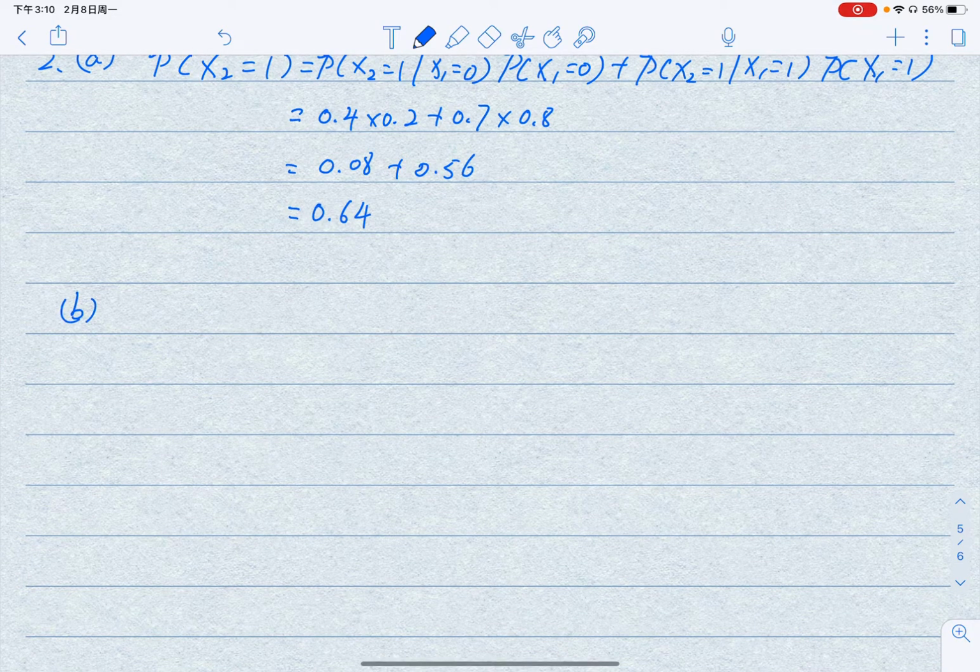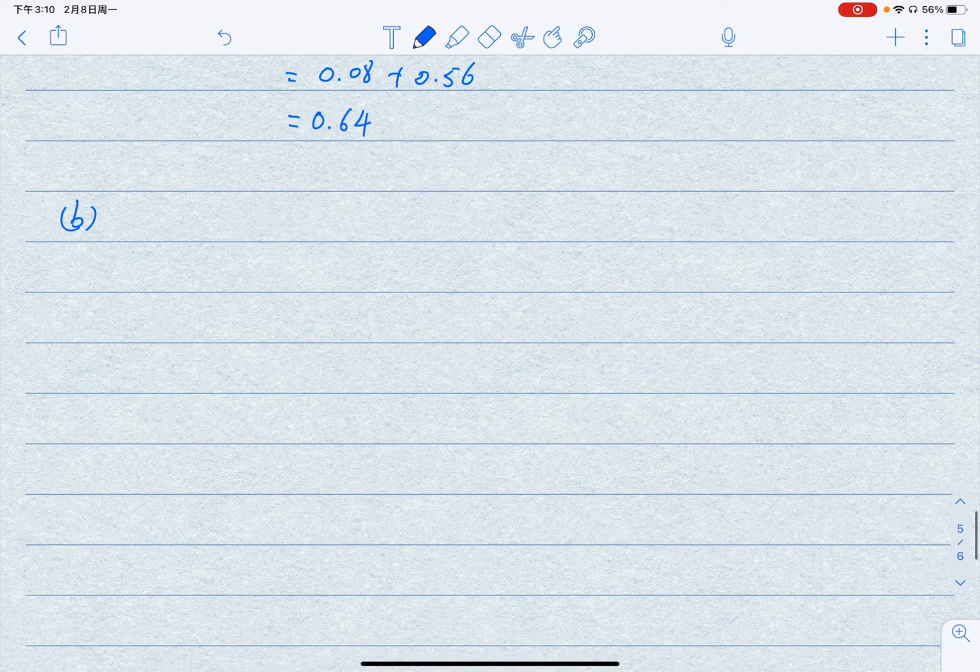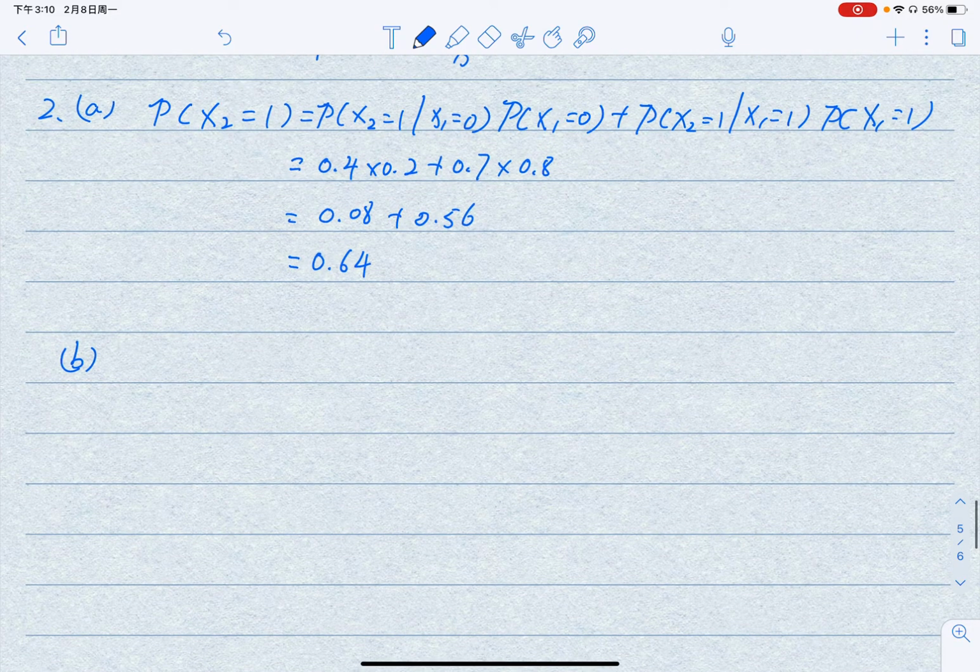For question B, it asks us to find the probability for X3 output equal to 1. We don't have to do the step-by-step as for X2. We have an easier way, that is, use the equation of the probability for X3 equals to 0, probability for X3 equals to 1.